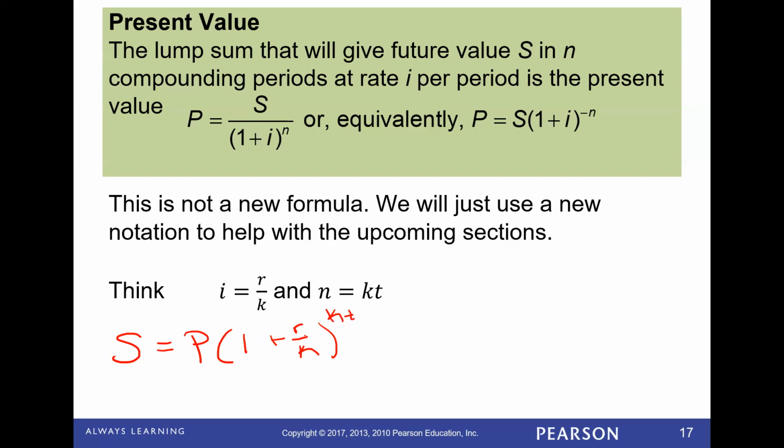So instead of plugging in R over K and KT, we want to start thinking in this format, because especially in upcoming sections, they're going to switch to I and N. So I want you to rewrite this formula.